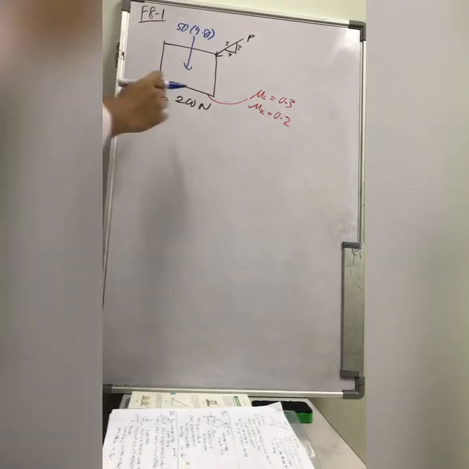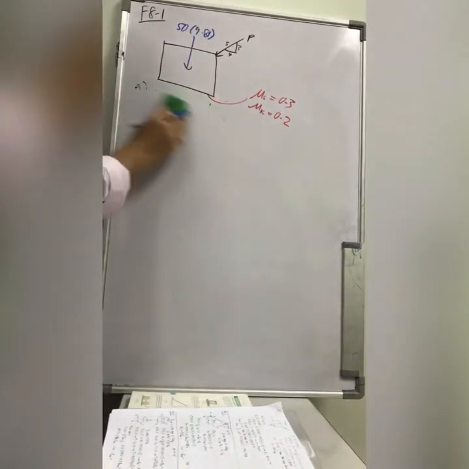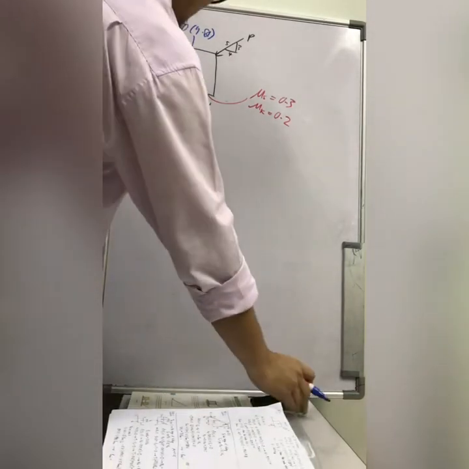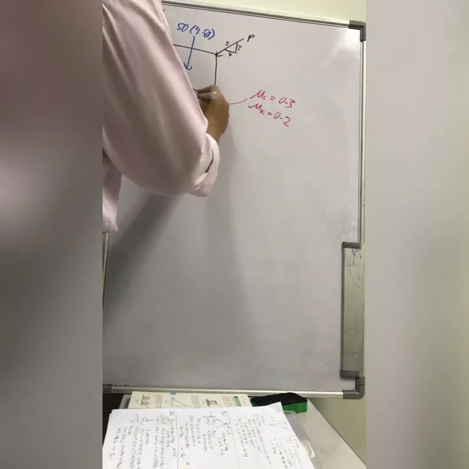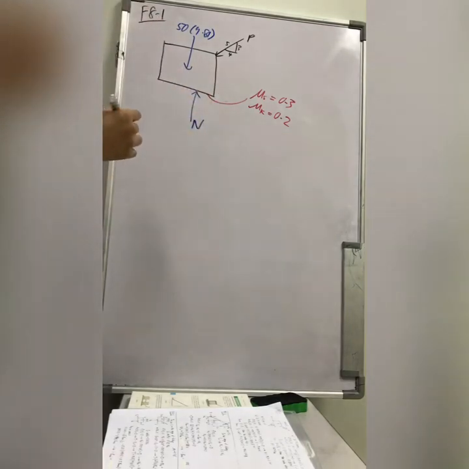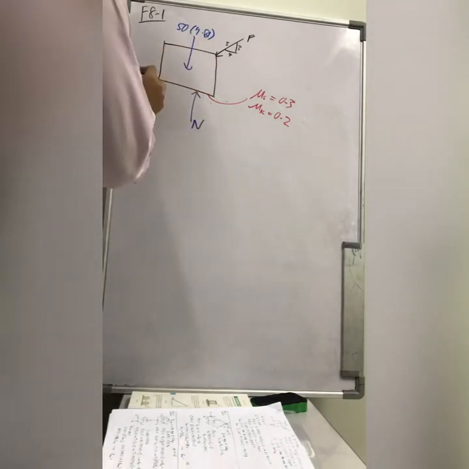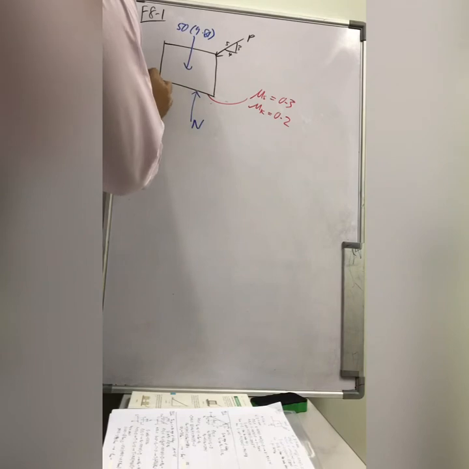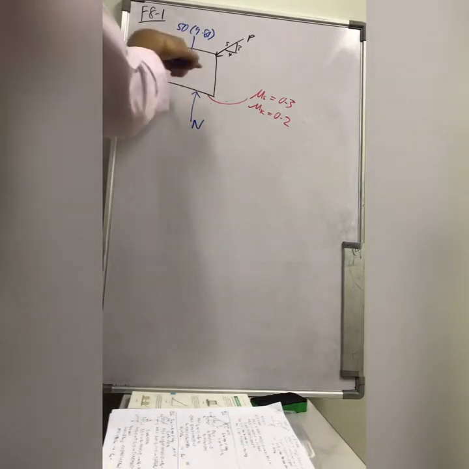Then you have the normal force, and the friction force F. How do I know that F goes this way?